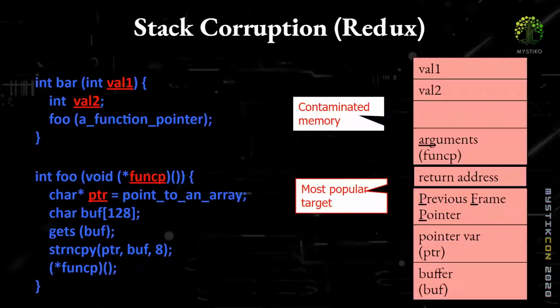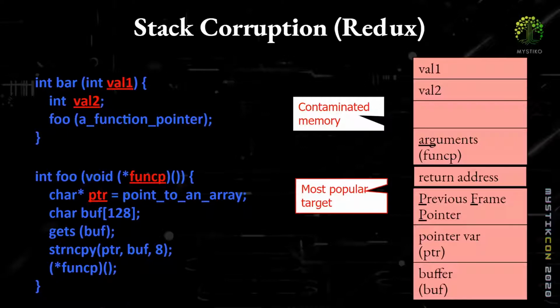Now, stack corruption redux. Let's look at how exactly this attack is performed when we take a close look at the stack itself. Say we have a function bar, which has an argument value1 and a local variable value2.